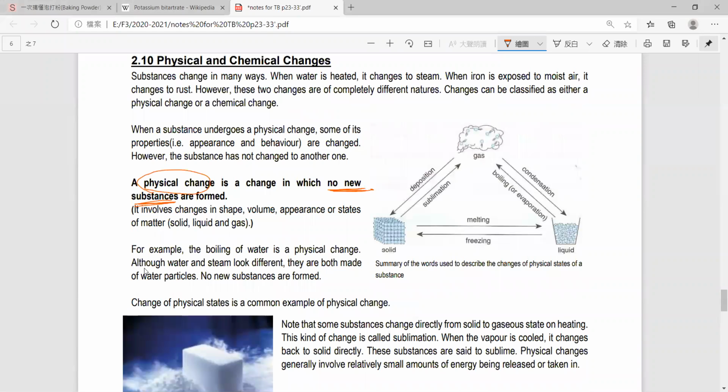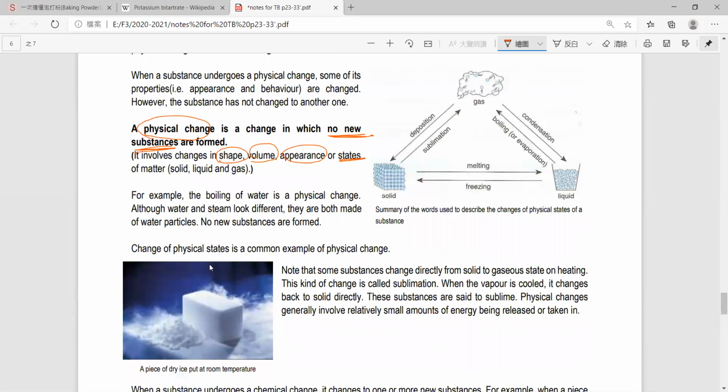For example, a change in shape, volume, appearance, or the state of matter, which means solid, liquid, gas, is also an example of physical change. For example, boiling of water, vaporization of dry ice, or a piece of paper torn into pieces are also physical changes. But the key point is whether or not new substances are formed.